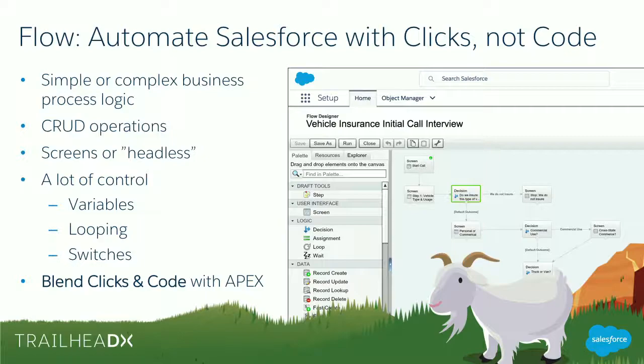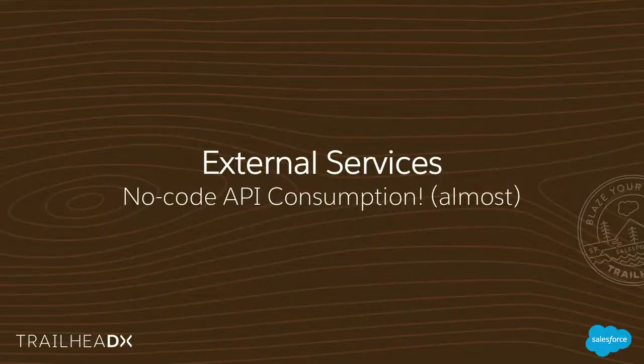So if you reach the limits of what you want to accomplish using something like Visual Workflow, you can just write Apex classes that are constructed in a particular fashion called invocable actions, and then you can call them directly from Flow. And external services does that for you, which is what I'm going to demonstrate.